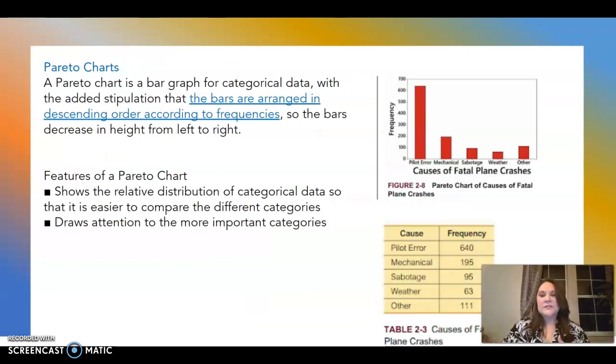So these charts are unique because you can display categorical data. And the uniqueness of this, what basically is a bar chart, is that whatever has the highest frequency is always displayed as that first bar.